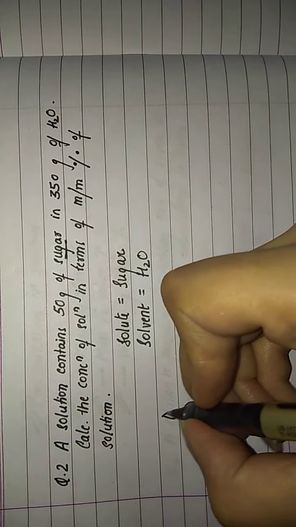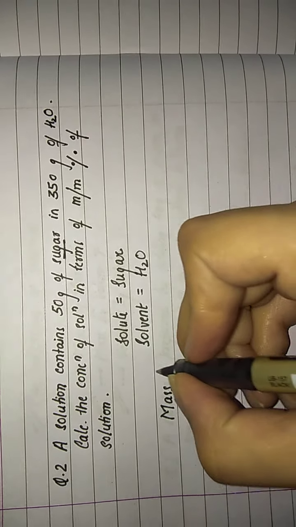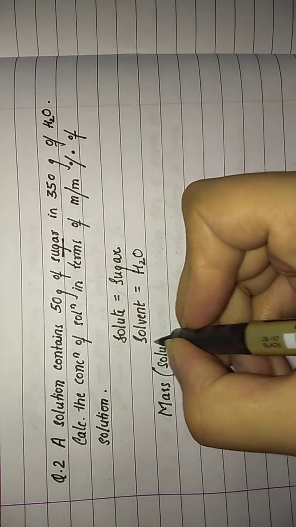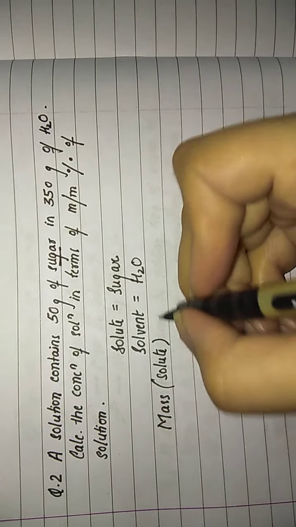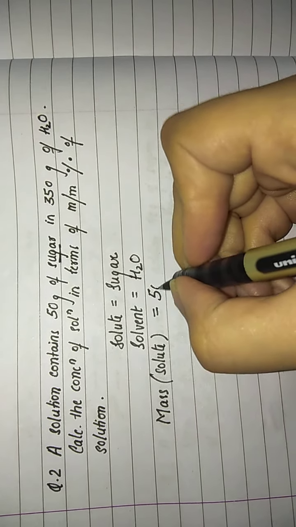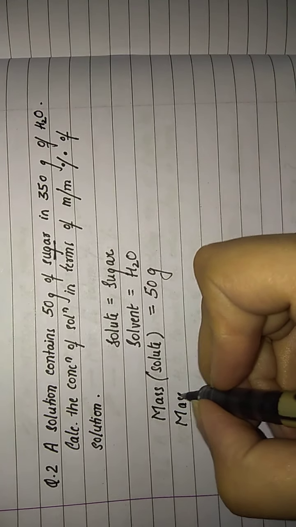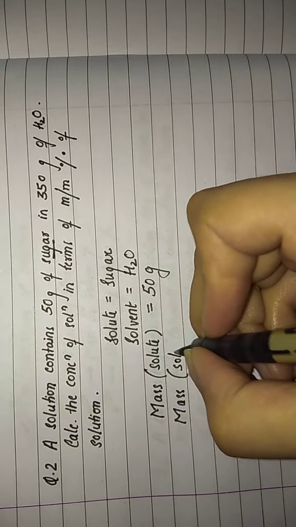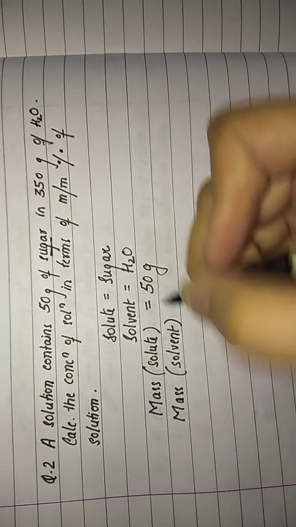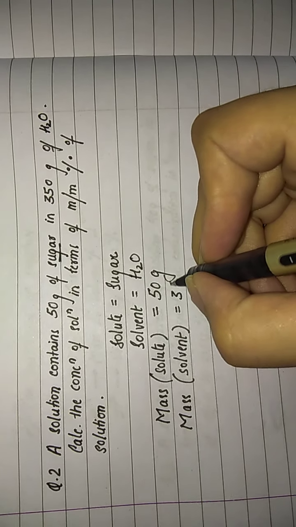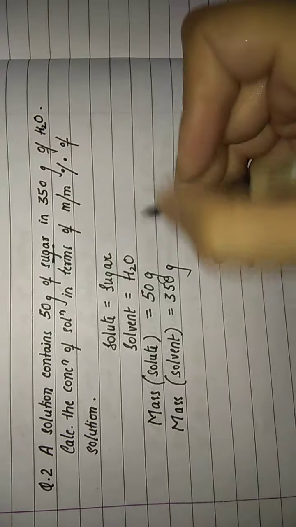Okay, so again I write mass of solute, which is sugar in this case, is equal to 50 grams and mass of solvent is equal to 350 grams.